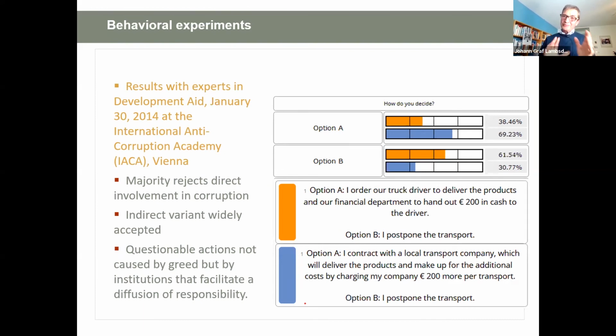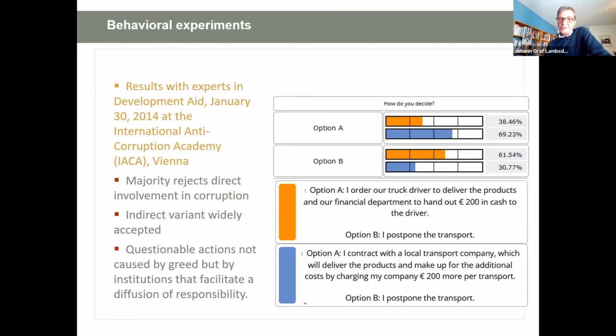So what we find is that people are reluctant to become directly involved in corruption, which is a good thing. However, they are willing to become engaged if what they do is rather indirect. And what we suddenly see is that corruption is not just caused by greed, but by institutions that facilitate what we call a diffusion of responsibility, because those who did this are no longer feeling responsible.